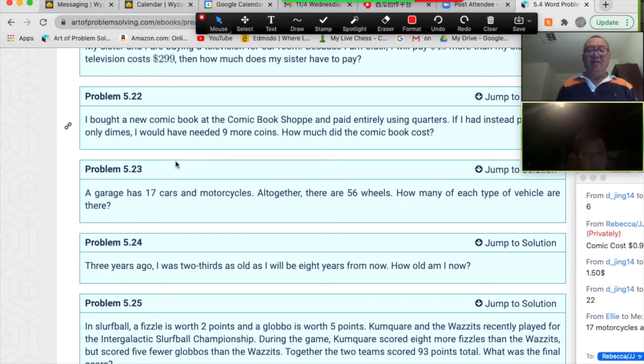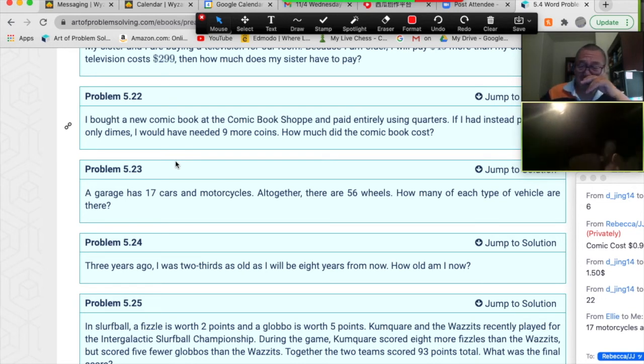Here, in total there are only 17 vehicles. How did you get 22? No, in total, only 17.